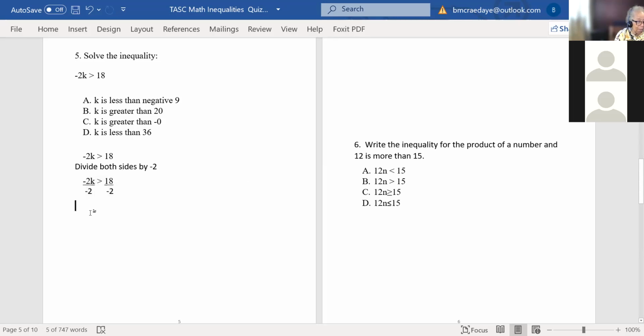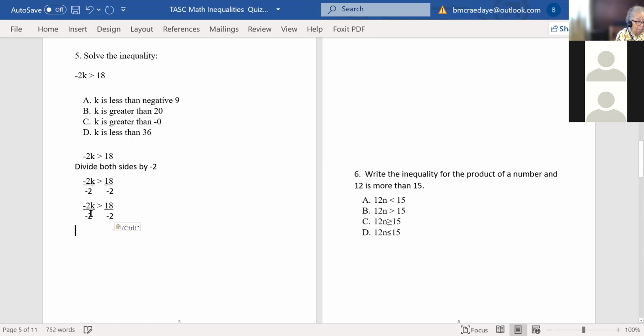Very good. You only have the variable K remaining because -2 over -2 is 1, right? So let's take out the -2 because that's 1.